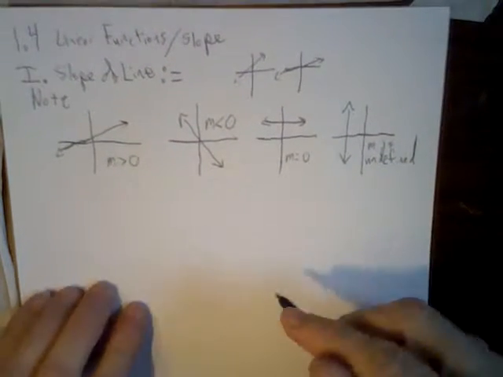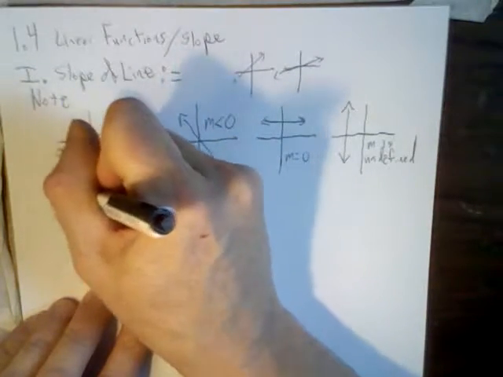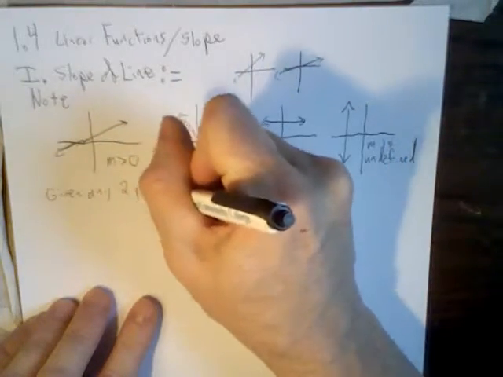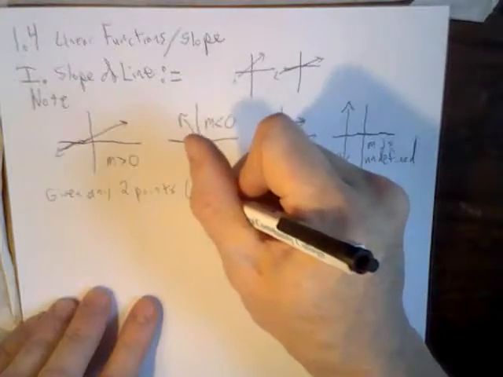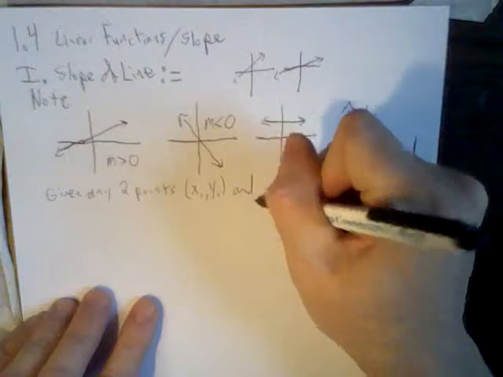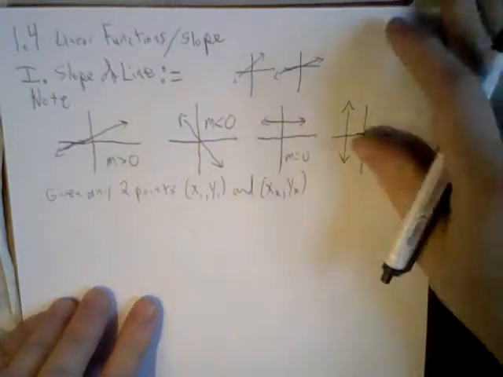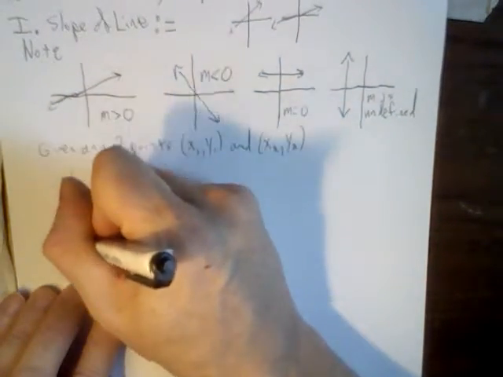So what we do is, given any 2 points on the line, and we'll just make them arbitrary points in the plane, we'll say x1, y1, and x sub 2, y sub 2. So given any 2 points in the plane, we can define the slope for this particular line.